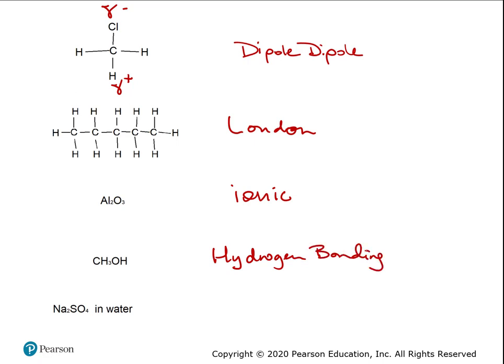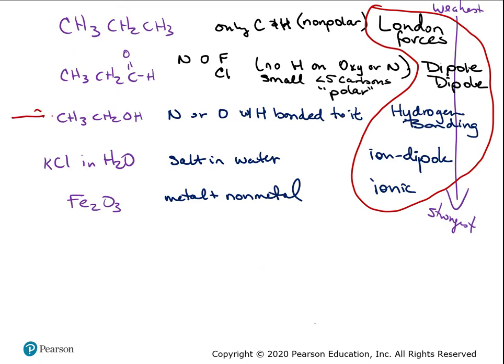So remember, if you have nitrogen or oxygen, and there's a hydrogen attached, it hydrogen bonds. Okay? What we got that on the other paper? Right here. Nitrogen or oxygen with a hydrogen bonded to it. So I have to have a nitrogen with a hydrogen or an oxygen with a hydrogen in order to have hydrogen bonding. And it's a what? Hydrogen bonding.